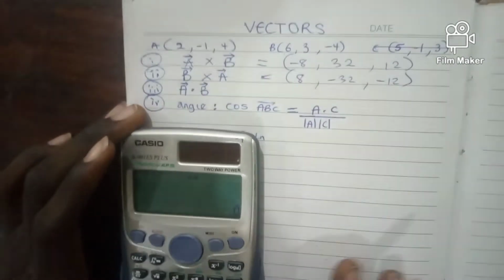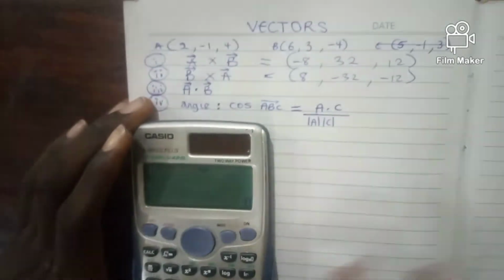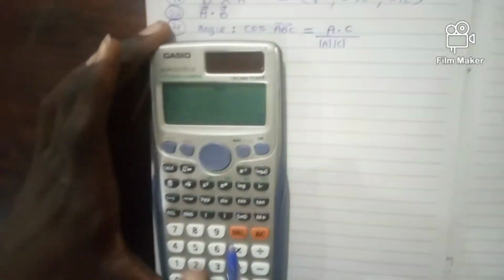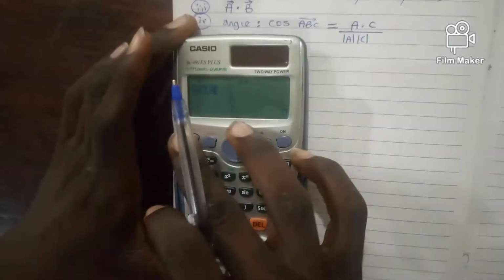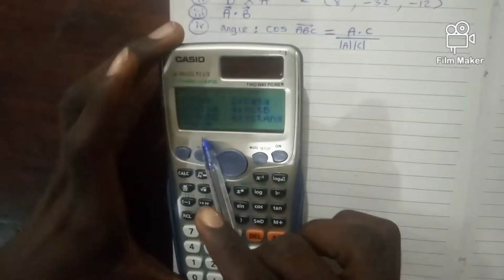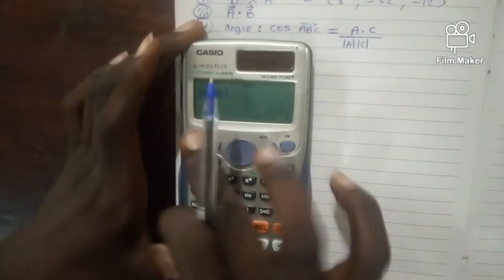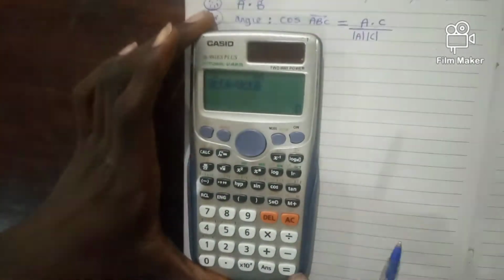Now moving to the dot product. The vector component here has a part for dot product. Since we have vector A dot vector B, this will be shift vector A, and then we'll press shift, vector again. 7 says dot, so that's the dot product, times shift vector of vector B, which is 4.